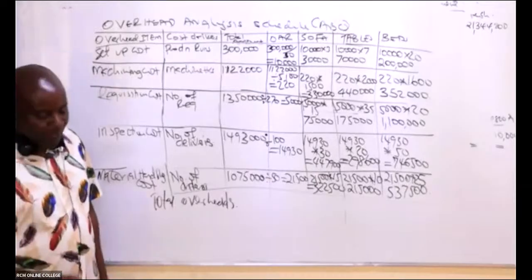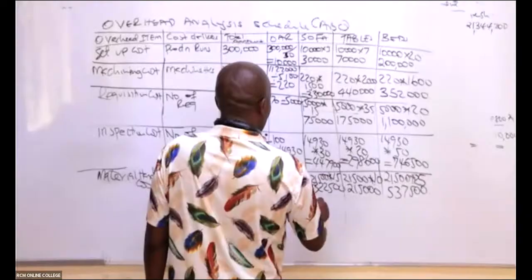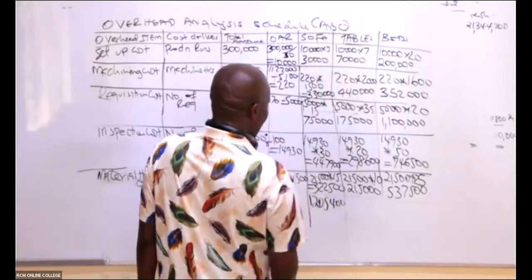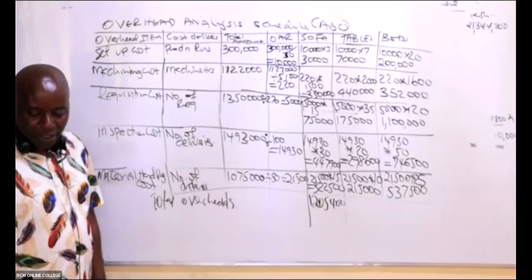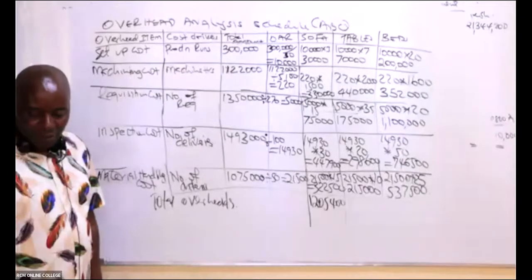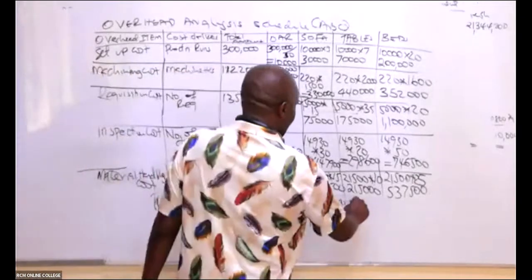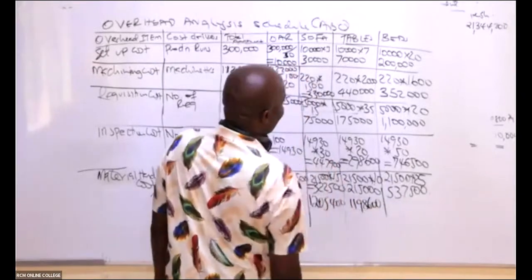So 12,05,400 for sofas. Thank you so much, Rose, Alfred. Tables, 11,98,600. After that, beds.